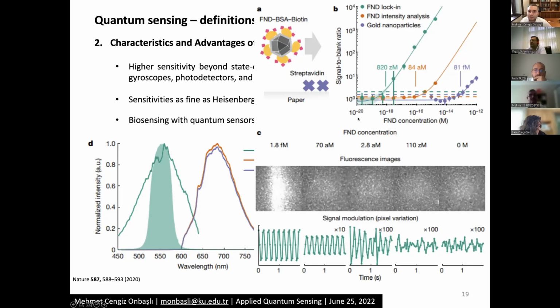So what they did here is varying the fluorescent nanodiamond concentration, and then they looked into the signal to blank ratio while applying the field, and then we can detect extremely low concentrations of the double-strand DNA, and by applying a microwave, we can observe the contrast with the virus as well.